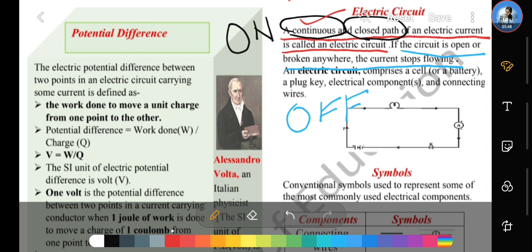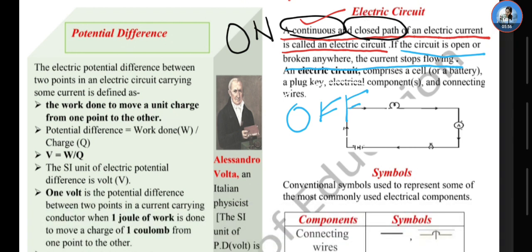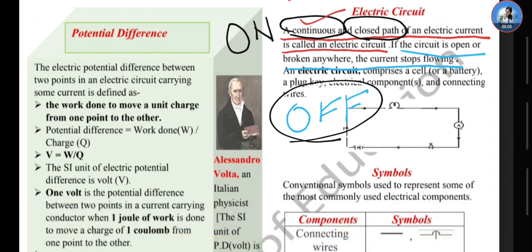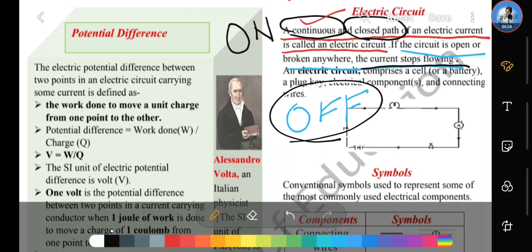In this situation the switch is on. The second one is, what is open circuit? Open circuit is switch off. Here the current stops flowing. No current is flowing in the open circuit.